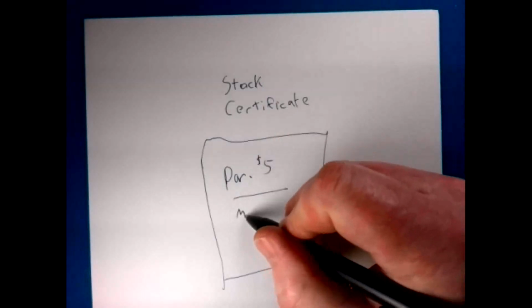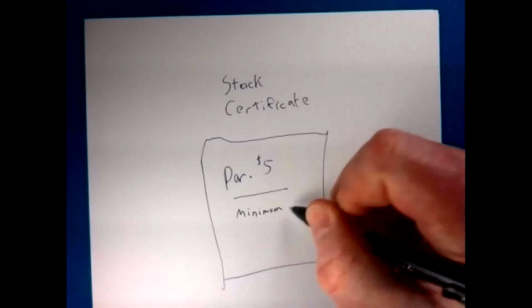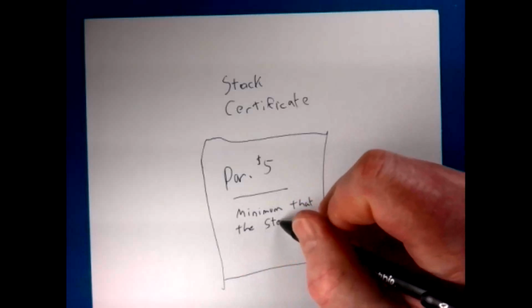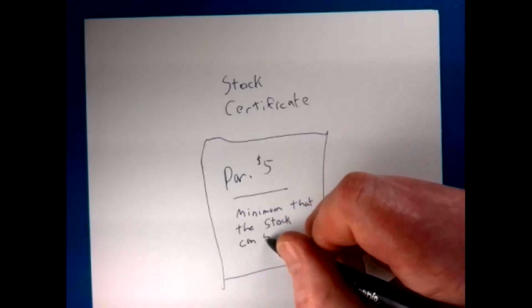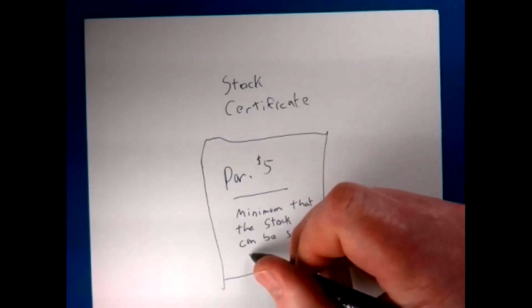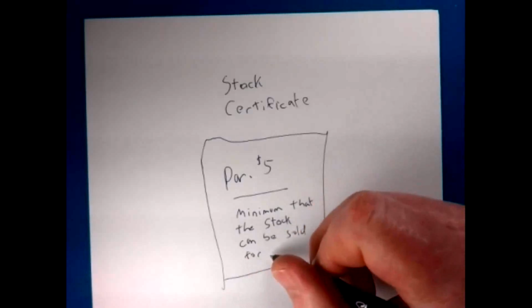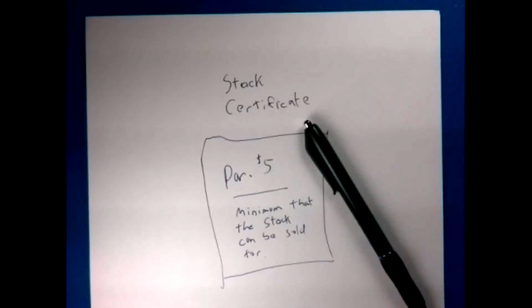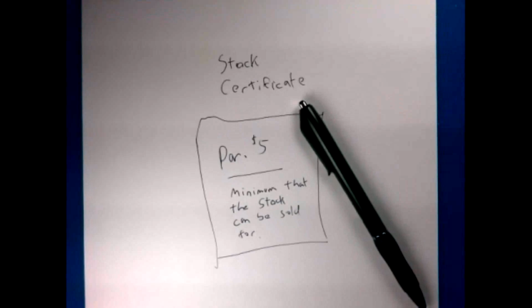Now this par value is the minimum that the stock can be sold for, at least by the company just issuing it. So a $5 par value says that the minimum they can sell it for is $5. They can sell it for more than $5, but they can't sell it for less than $5.